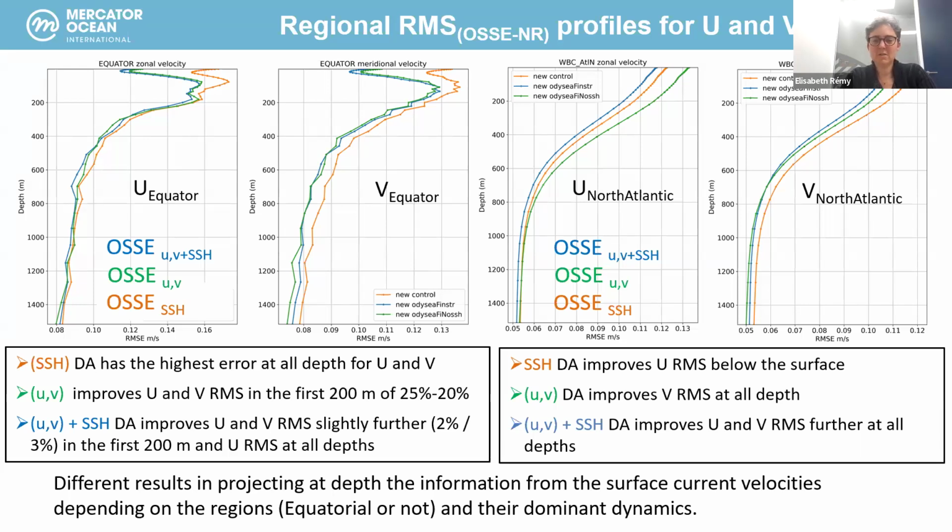And in the North Atlantic, we found the results that we had before. It was an example of a western boundary current. But what is nice is that still the improvement goes quite deep when we assimilate both SSH and UV.